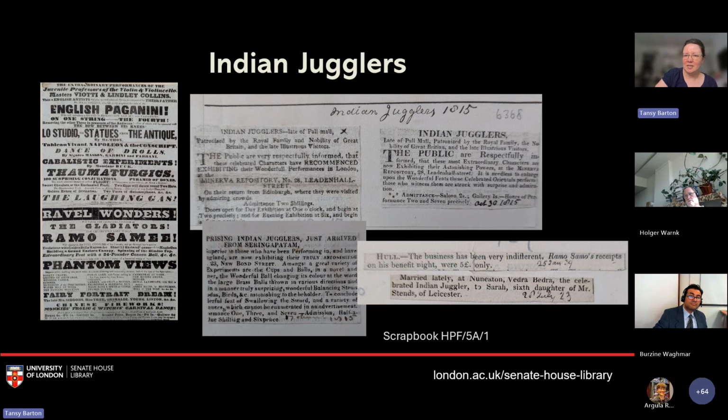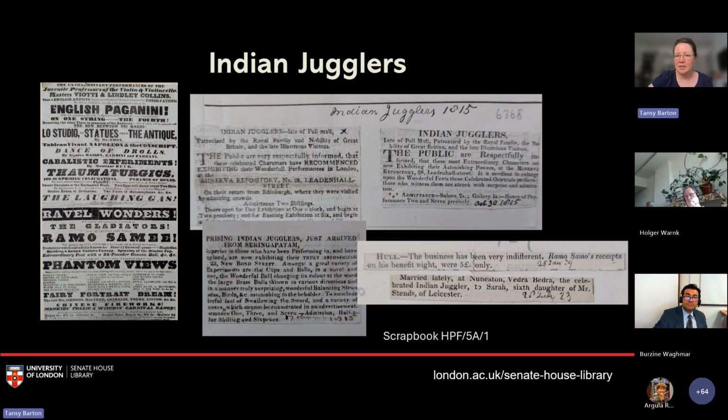But the earliest items that we have in the collection come from the early 19th century, from scrapbooks of cut-ins of advertisements and listings of the performances of magicians in a lot of different places, and it includes some records of Indian performers performing in the early 19th century in various theatres and performance spaces, mostly in London, but also across the country.